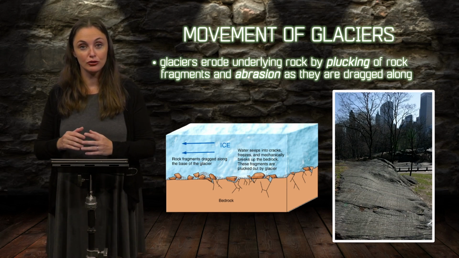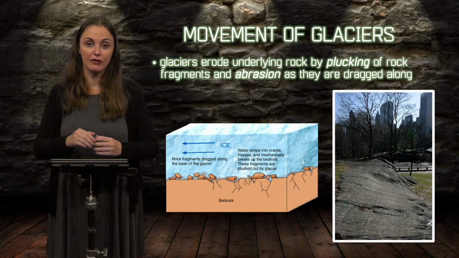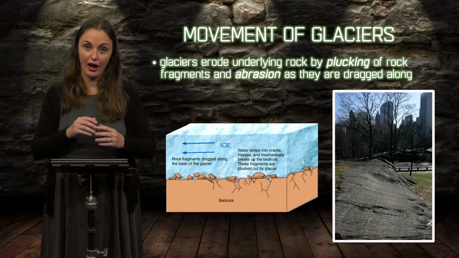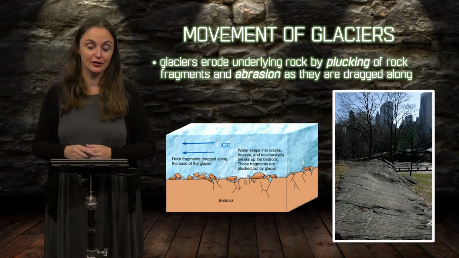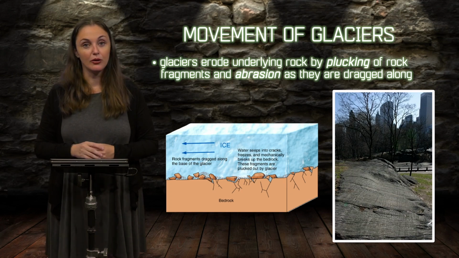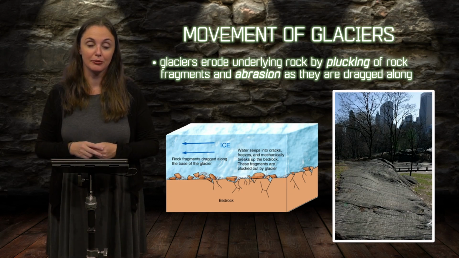It pushed through Central Park and carved into this rock below, giving us that arrow of "I was a glacier, I was here, and I was moving in this direction and carving through this landscape." So it's some of the most interesting geology that you'll see in a major city anywhere in the United States.